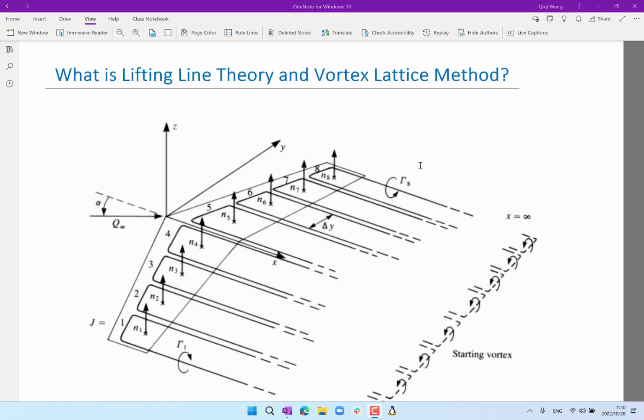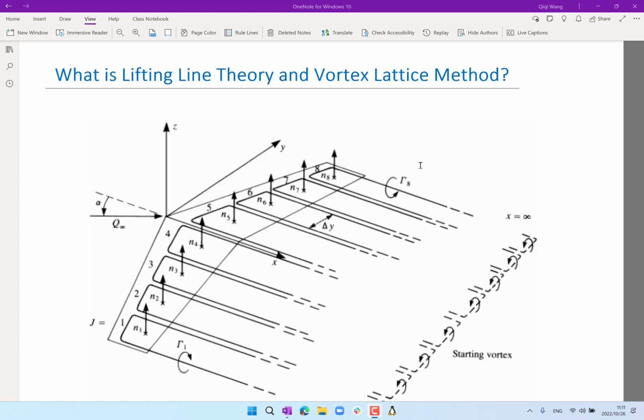This is roughly true if the loading on the airplane is not that high, right? So if you have a glider, that actually works out pretty well. But if you have high loadings, all of these vortices are going to induce a pretty strong flow compared to the free stream.